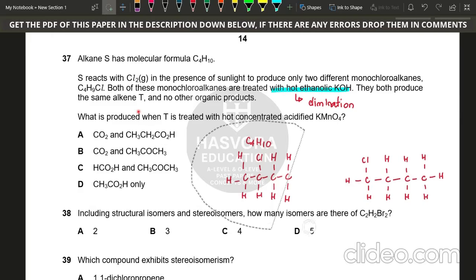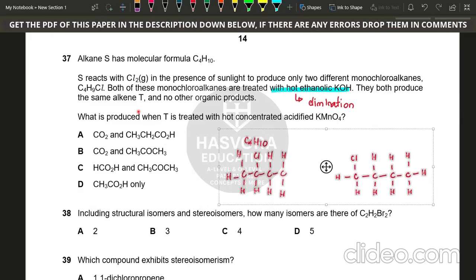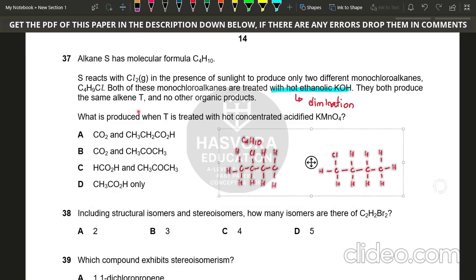Let's reduce the size of this so I can make the structure of T. If this chlorine atom is removed, or this one is removed, there can be a double bond formed here, or the double bond can form here.